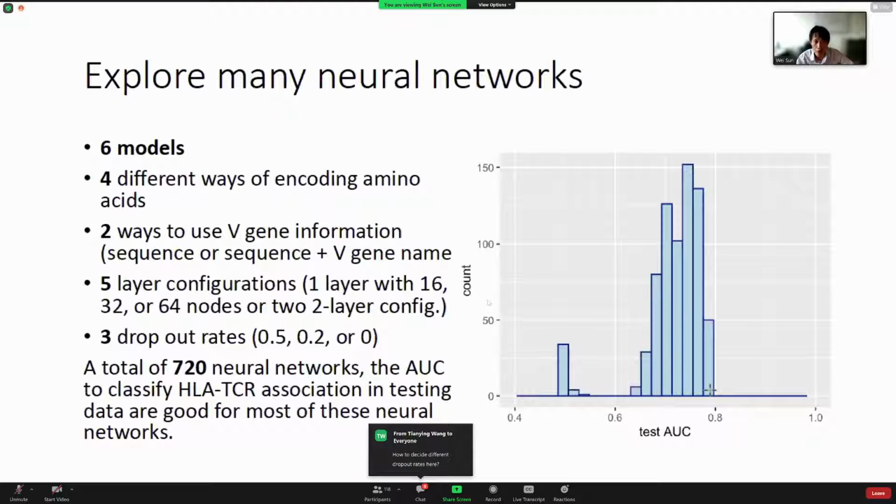But another, probably more important, thing is that you have enough information here, and the network overall is pretty robust. You don't want it to go the other way, where the vast majority is 0.5 and only a couple of them reach 0.7 or 0.8. I think that would be a more dangerous situation, where you would ask why changing the tuning changes the performance so much.